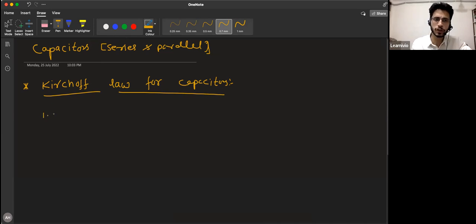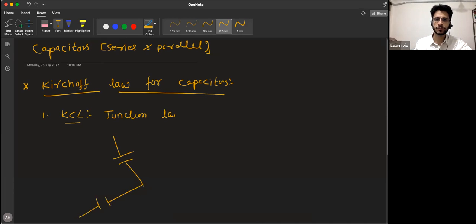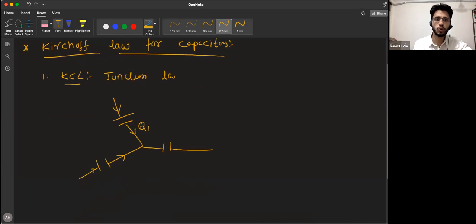The only difference is in the Kirchhoff junction law, KCL, Kirchhoff current law. When you have various capacitors, some Q1 is entering from here, Q2 is entering from here, and Q3 is leaving. The junction law in current electricity says the algebraic sum of all the current at the junction is 0.